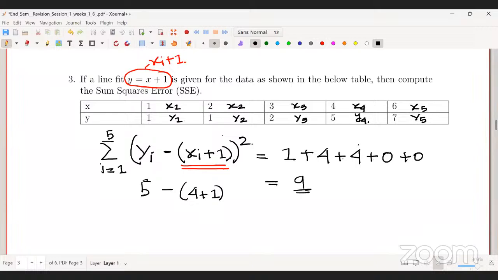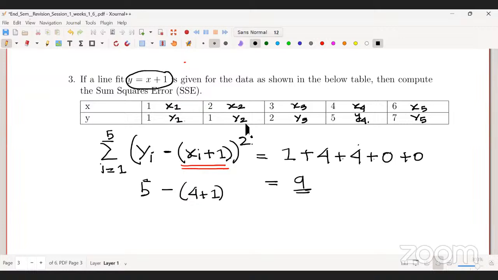Okay, so the SSE, the sum square error of this function, which is nothing but a straight line, with respect to this given data is 9. So this is how you should find the sum square error.